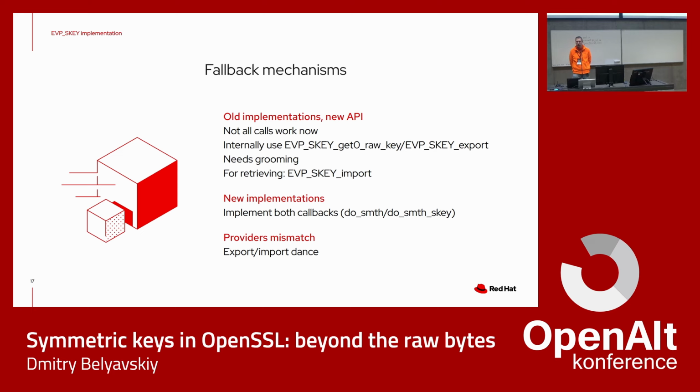But it means that we should care what happens if you use the new API and you don't have the corresponding implementation on the provider side. Well, you don't have much choice. You have to try to export keys as raw bytes or get the pointer. And if it fails, well, you are unlucky.